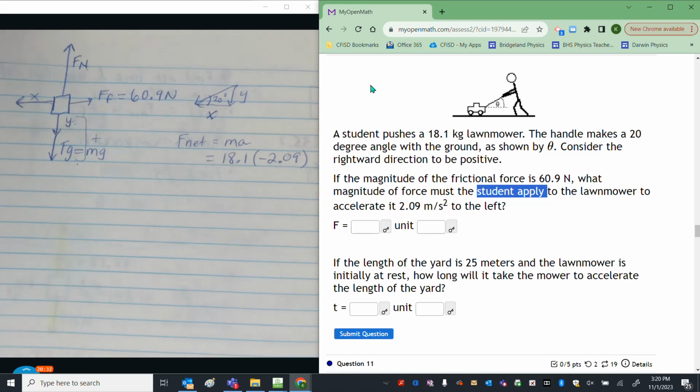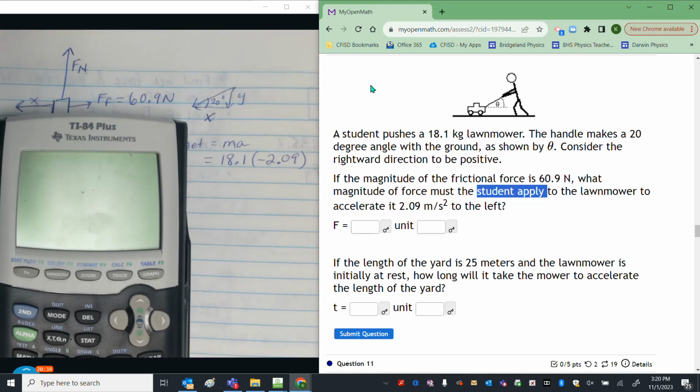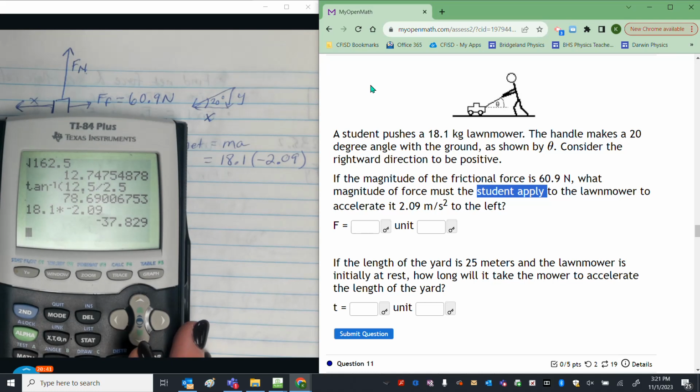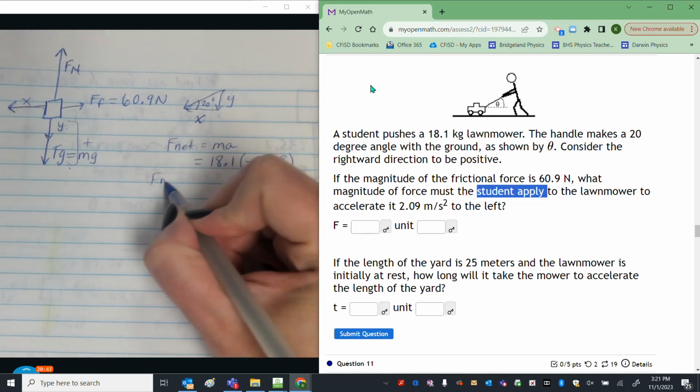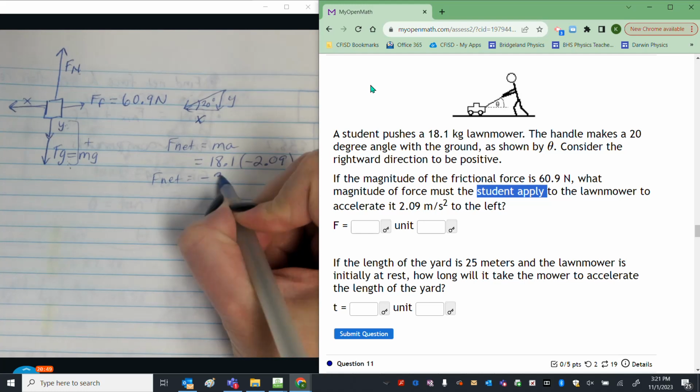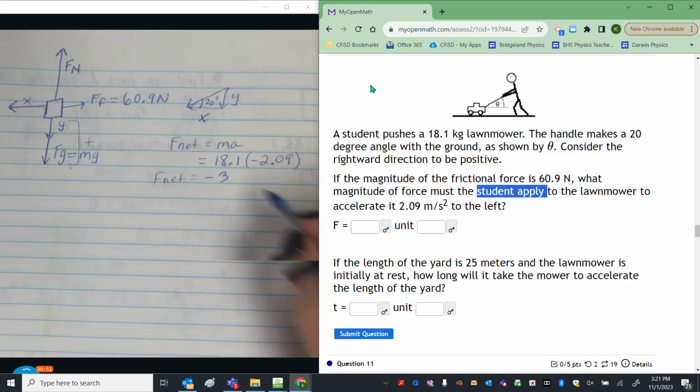So that's mass times acceleration, 18.1 times negative 2.09, and we get a net force of negative 37.829. So F net equals negative 37.829.